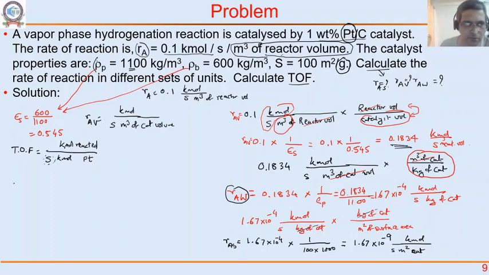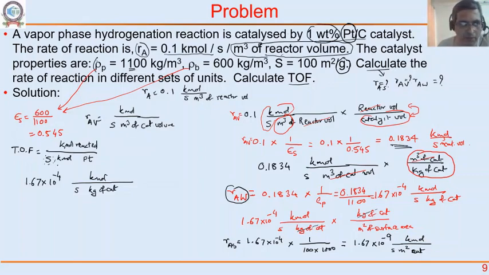So the rate, what was that? It was 1.67 into 10 raised to minus 4 kilomoles per second per kg of catalyst. But 1 kg of catalyst is only going to contain 1% platinum, right?